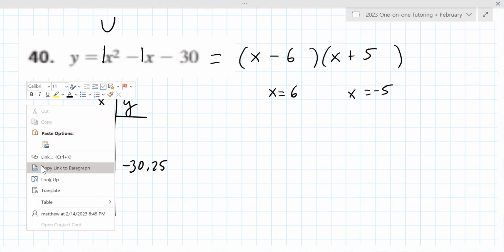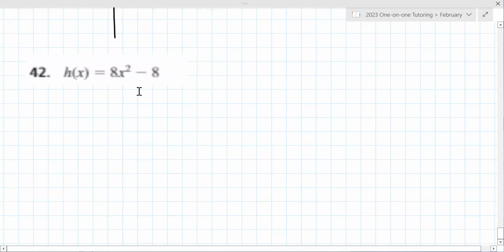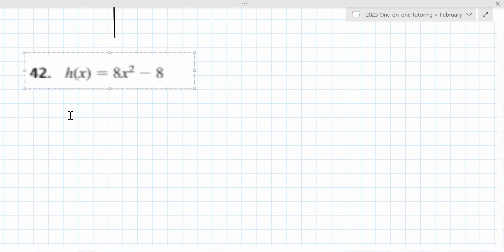And then number 42. Yeah, so again, factor GCF first as always. Okay, so I'm just looking at the problems really fast.